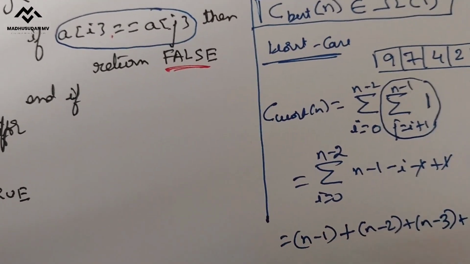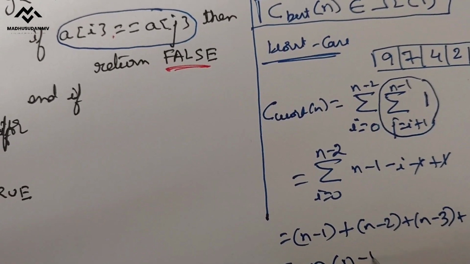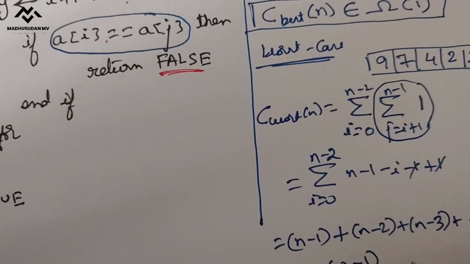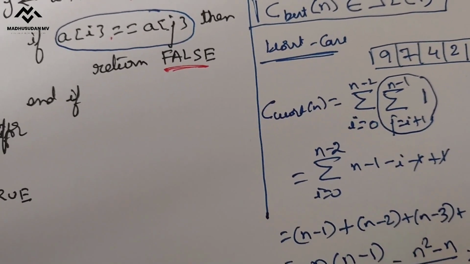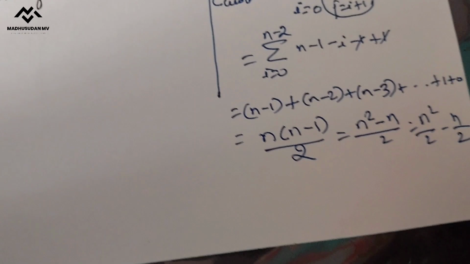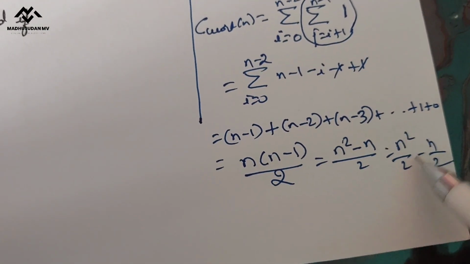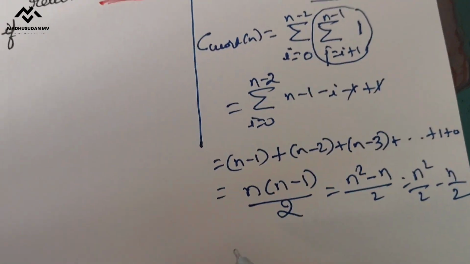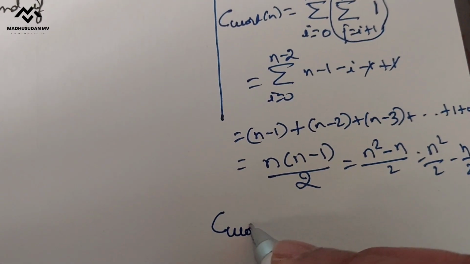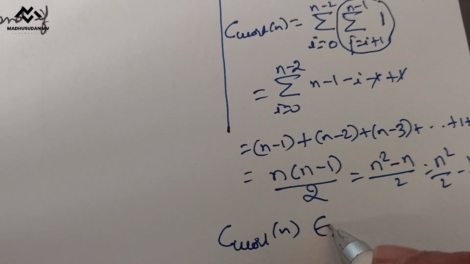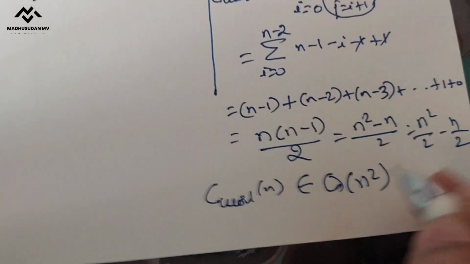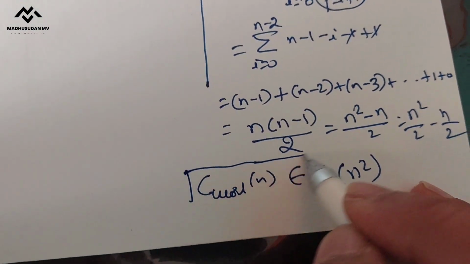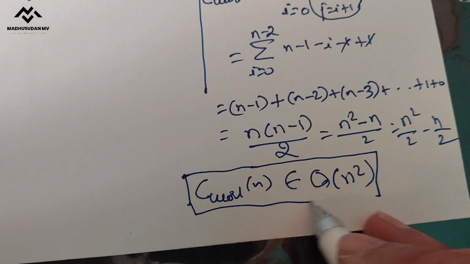Now this can be written as n into n minus 1 by 2, which is the same as n square minus n by 2, that is, n square by 2 minus n by 2. Out of these two terms, n square is the most dominating term. So C worst of n belongs to big O of n square. This is the time complexity in the worst case.